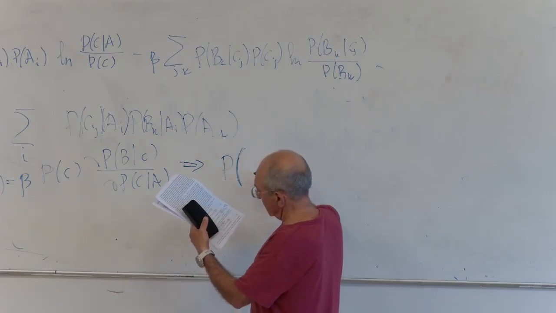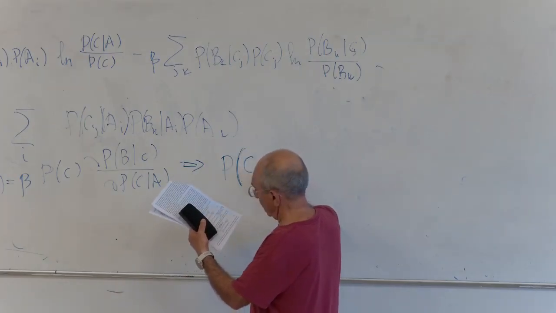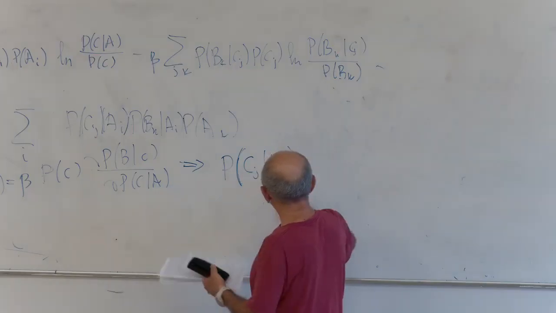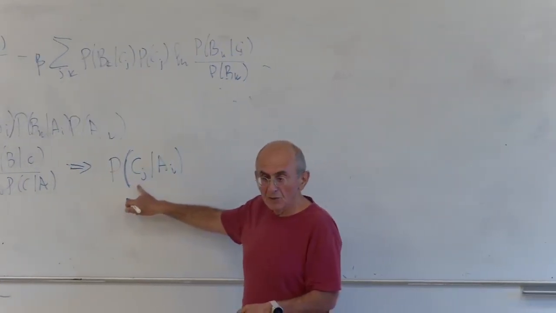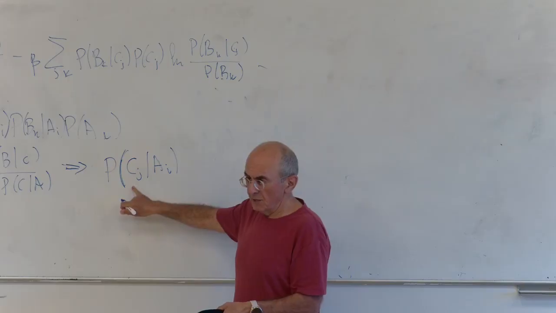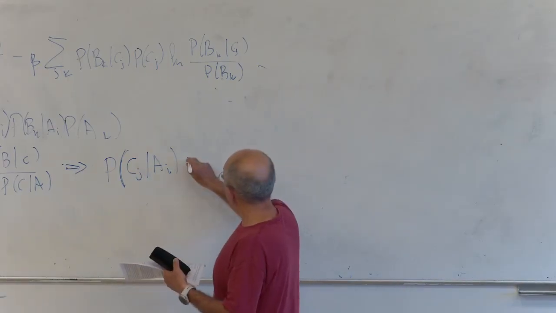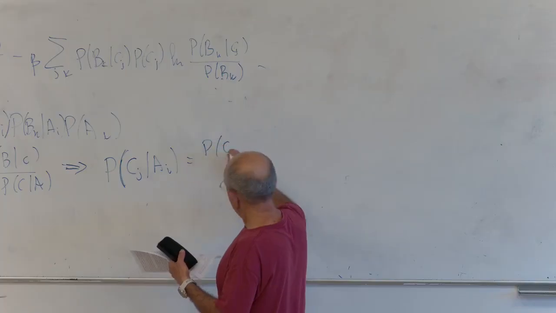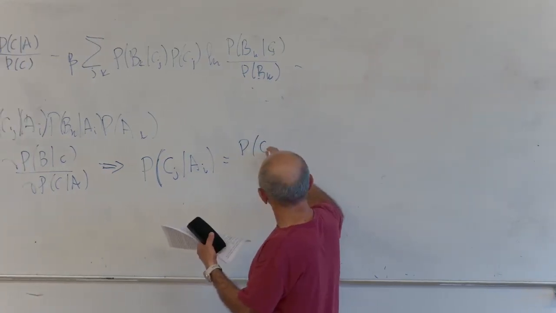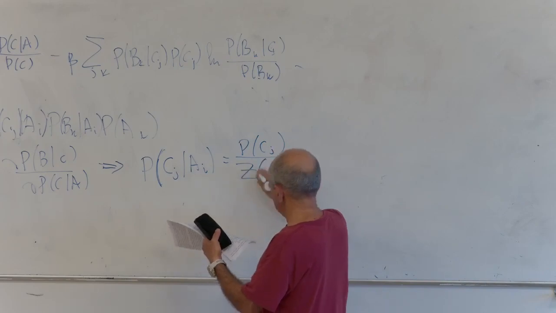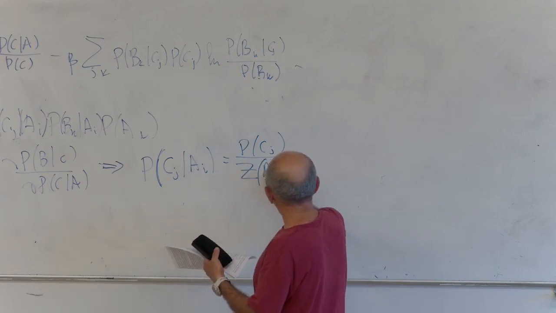It's an exponent. The question is what is exponent of what? So P of Cj under AI, what is the encoding, right? How you need to encode every value of AI? It's a P of Cj divided by some Z, which is, I don't want to now write it again, a function of AI and beta.